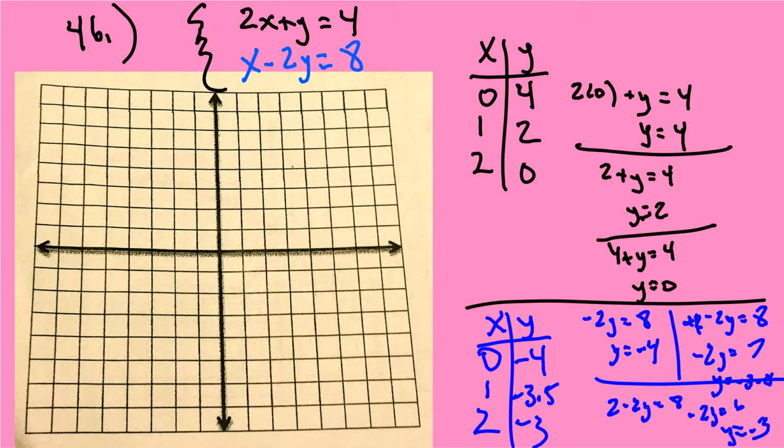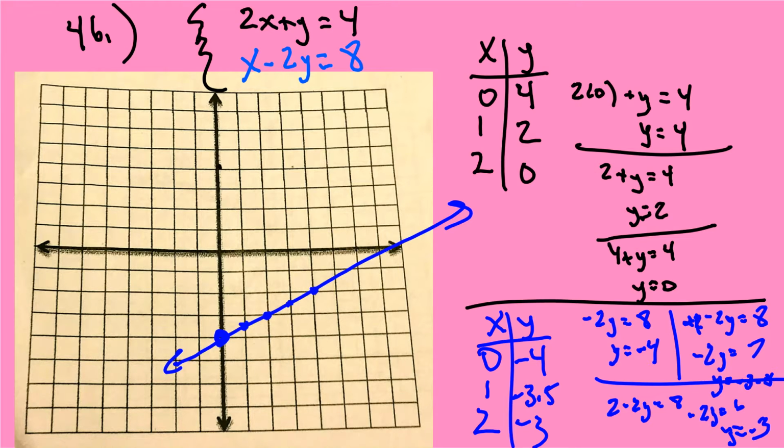Now I graph them. I go 0, negative 4. That's the blue dot for the blue XY chart. Go over 1 down to negative 3.5. 2 down to negative 3. Put a line there. Now I'm going to do a black line for the black XY chart.